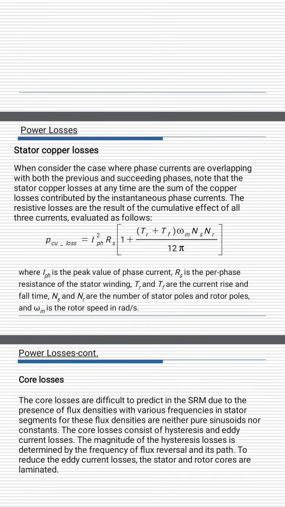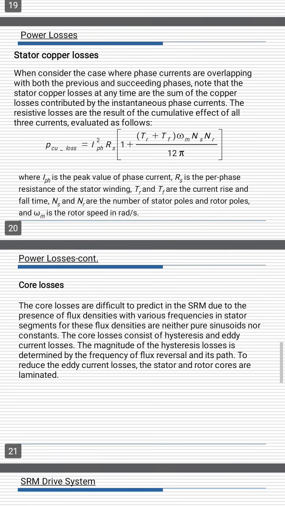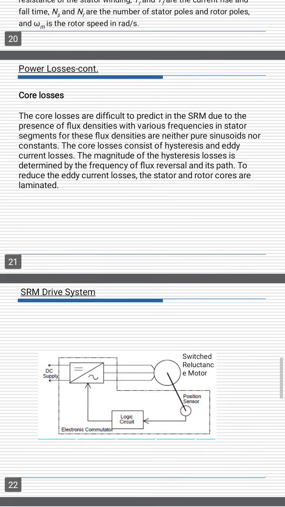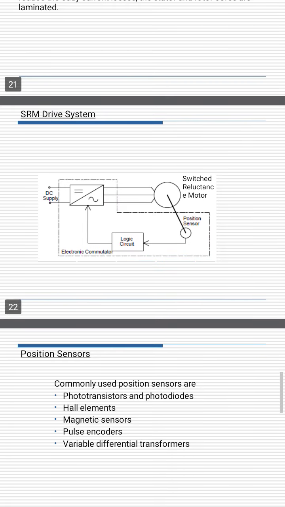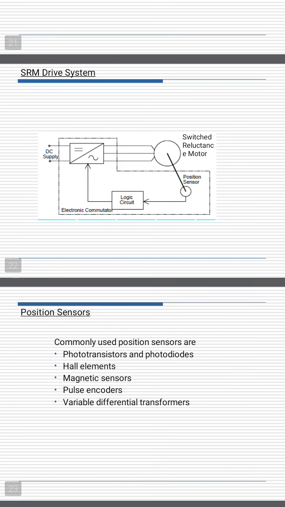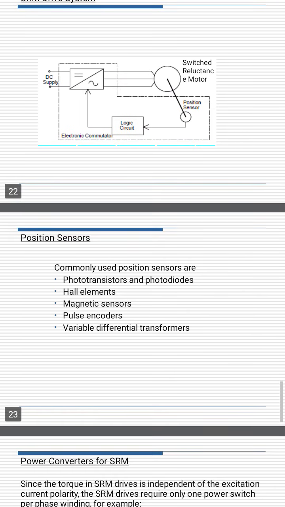Power losses: stator copper losses, core losses. SRM drive system and position sensor. Commonly used position sensors are phototransistors and photodiodes, Hall elements, magnetic sensors, pulse encoders, and variable differential transformers.